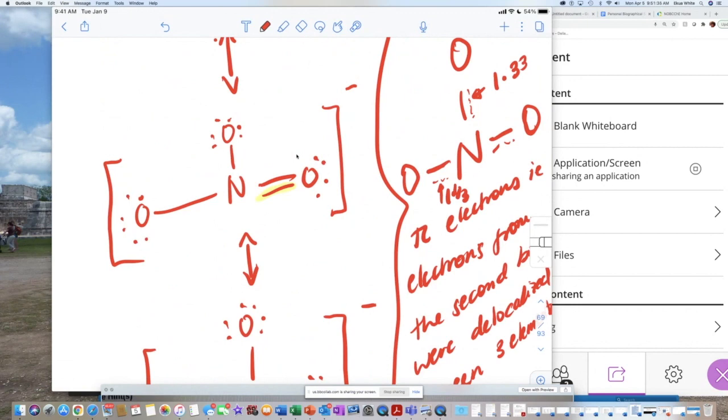Well, you only have 1 nitrogen and each of the available oxygens. Okay, so nitrogen and the available oxygen, and this happened 3 times. Since you only had 1 pi bond, that pi bond was divided into 3 equal parts, and then of course assigned to each oxygen.